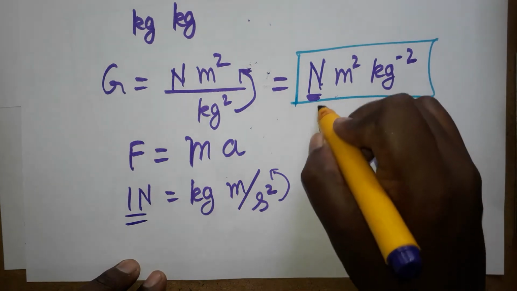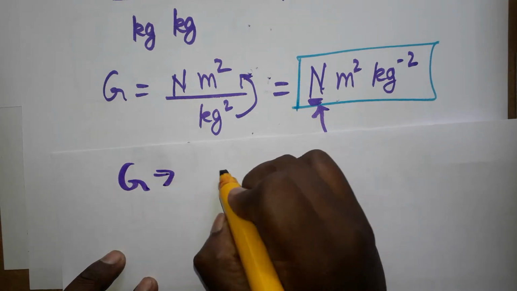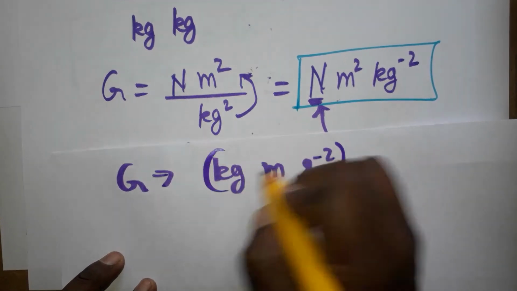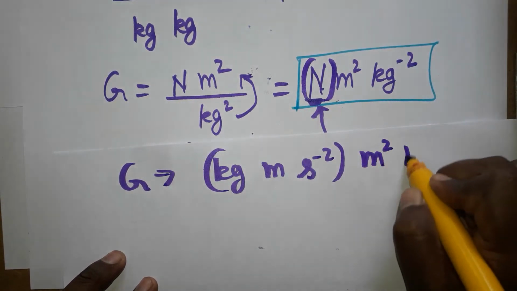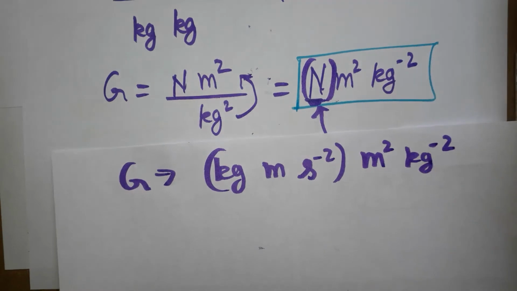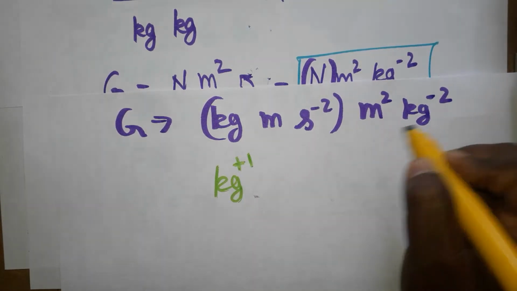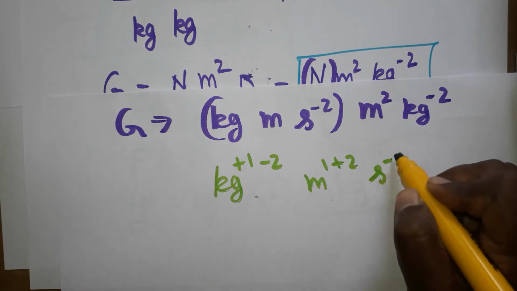I am going to substitute this here. So the SI unit of capital G will be kg meter second minus 2, since I substituted Newton, into meter square kg minus 2. Solving this: kg is plus 1 minus 2, meter is plus 1 plus 2, second minus 2.